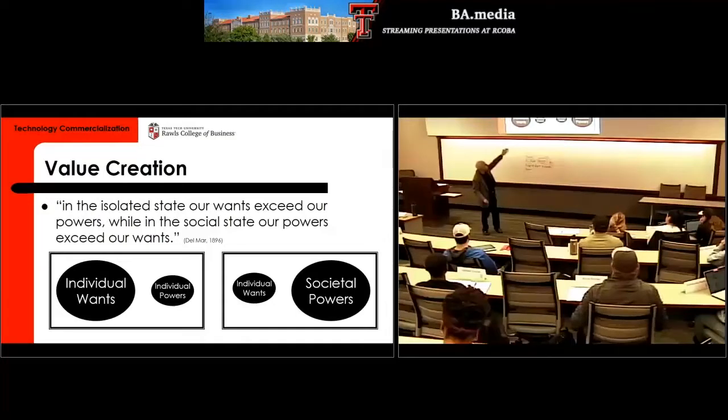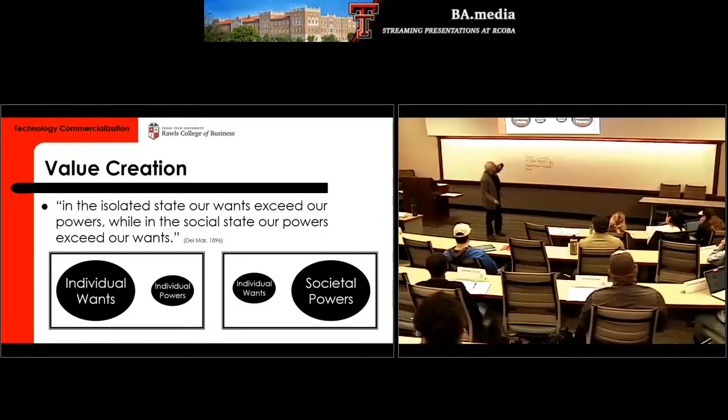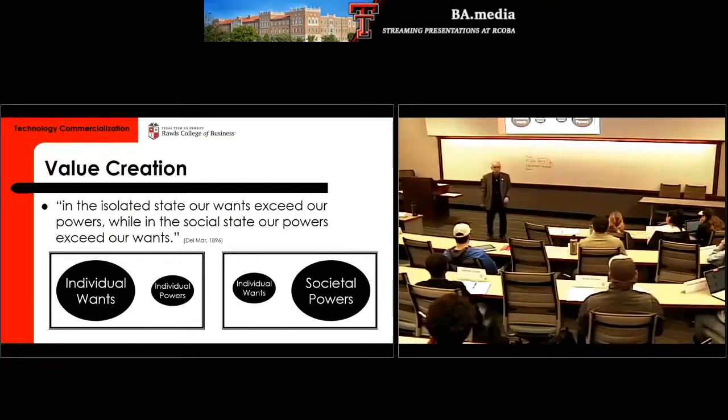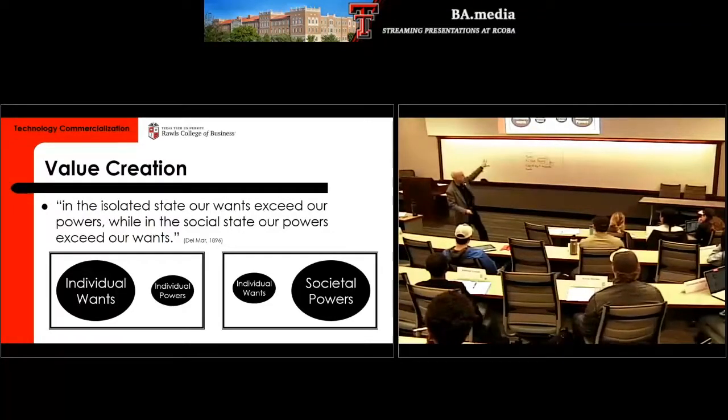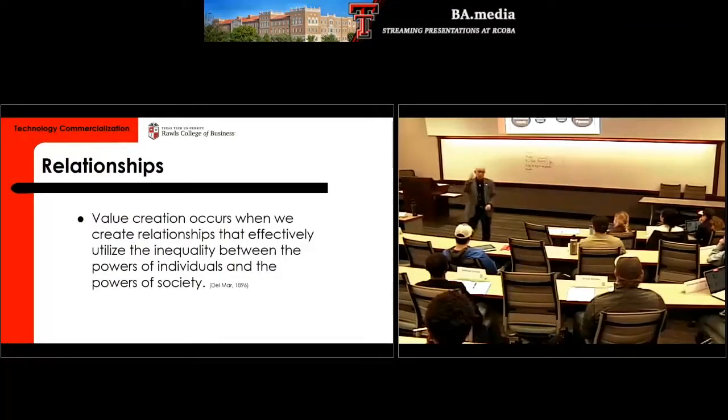Wants are greater than our powers, but our societal powers are greater than our wants. And actually, what's an entrepreneur but somebody that assembles the societal powers to satisfy some set of individual wants? They make iPhones, they make clickers, they make all kinds of stuff so that we can just go magically. See? But it's really this.